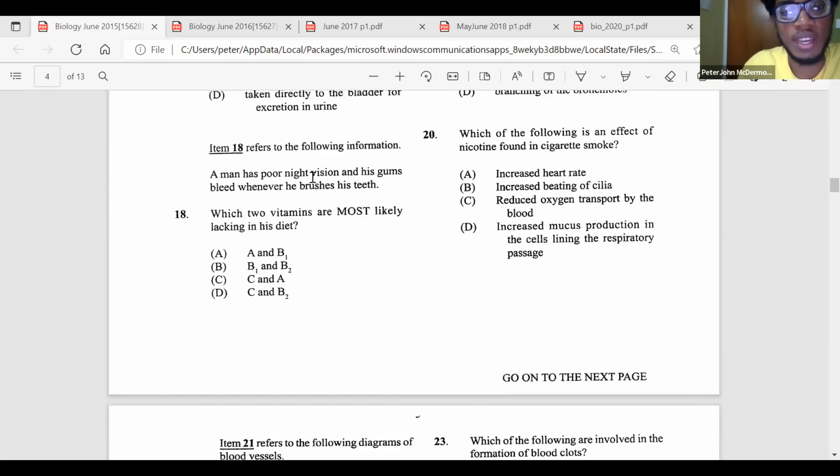A man has poor night vision and his gums bleed whenever he brushes his teeth. Which two vitamins are most likely lacking in his diet? Five seconds. Bonus points if you can tell me what condition he has.